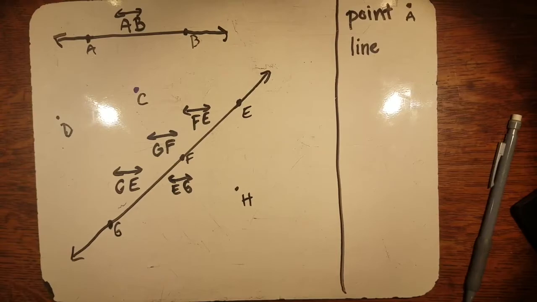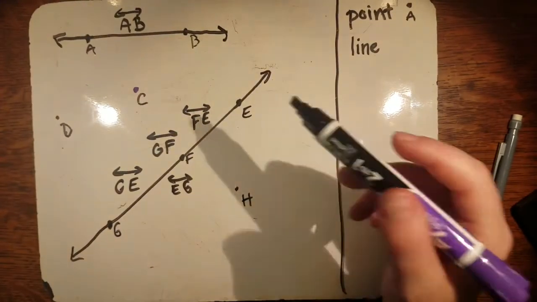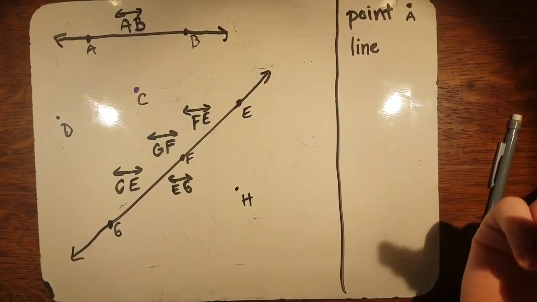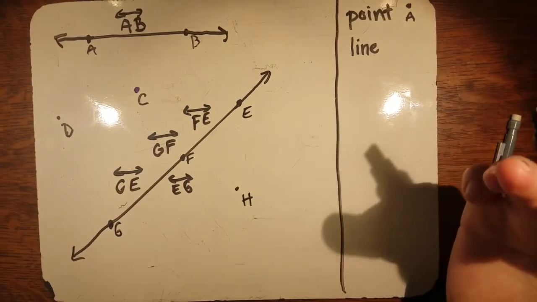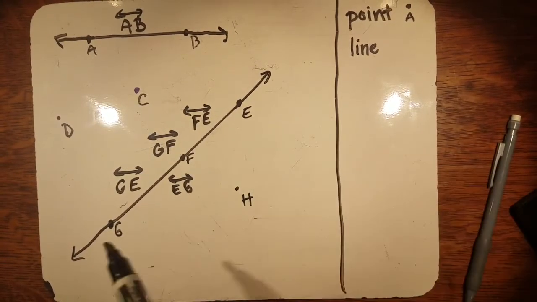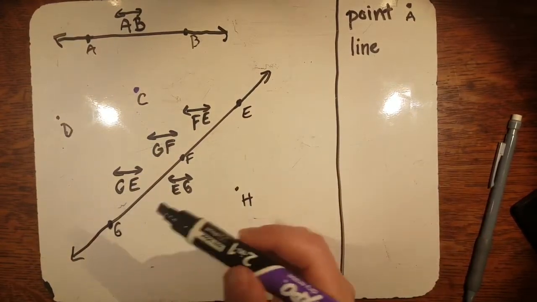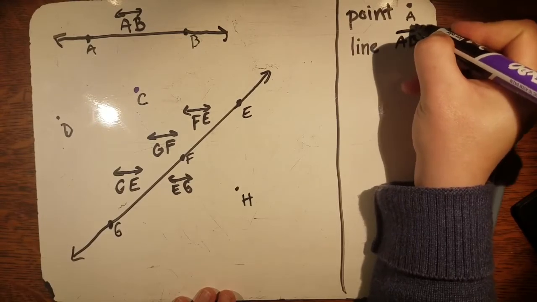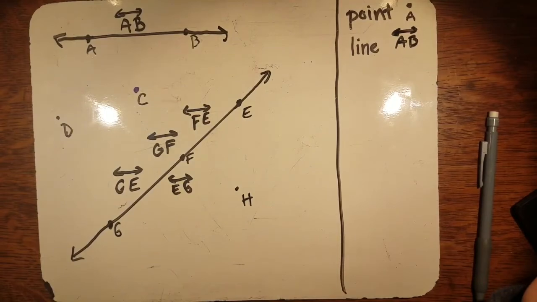This just shows that those 2 points are on that line, and we can label it with that. But the most important part when talking about labeling lines is that we have 2 points that are on that line, and we have an arrow above it. So I'm going to say line, we mark it with 2 letters and an arrow.